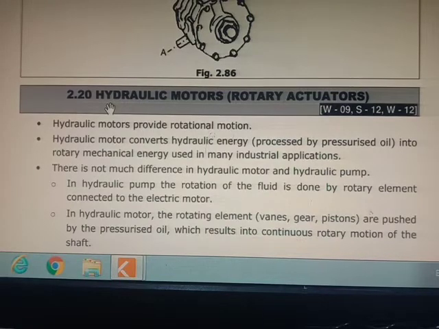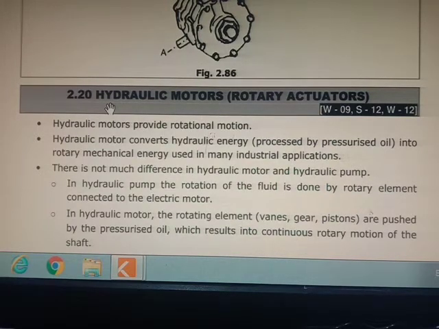These rotary actuators are not different from hydraulic pumps. Whatever hydraulic pumps we have seen, the positive displacement hydraulic pumps, there are rotary and linear hydraulic pumps. We have seen the gear pump, internal gear pump, external gear pump, and the gear rotor hydraulic pump. We have also seen the vane pump.